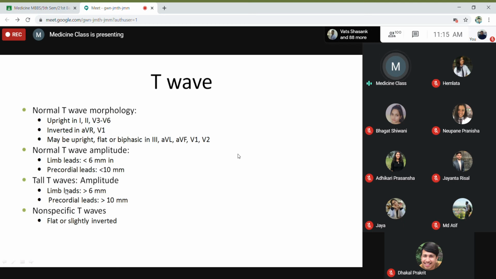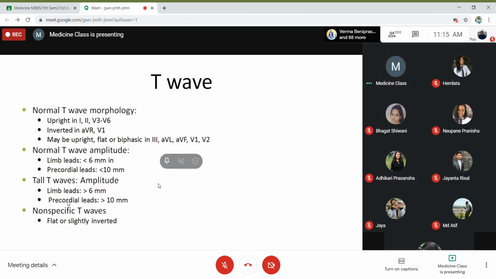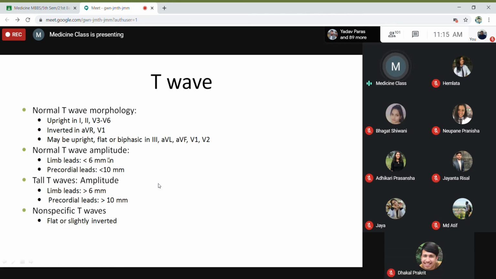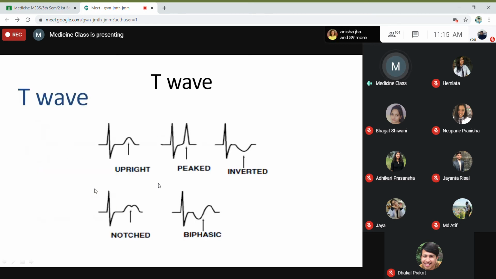If we find that it is more than 6 and more than 10, then we call that a tall T wave. Another way to look at the amplitude of the T wave is that if the T wave is more than 2/3 of the preceding QRS complex, then also we can say that it is a tall T wave.